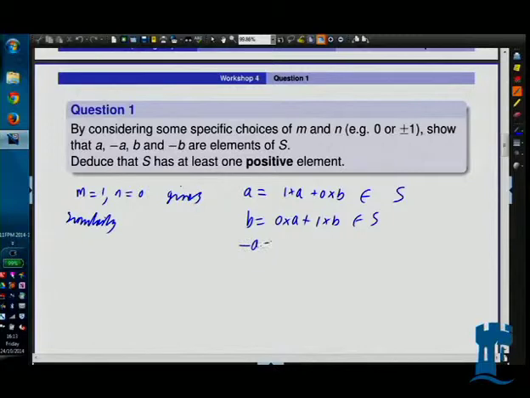Minus A is minus 1 times A plus 0 times B is in S. And that's all. This is all very boring, right? But if somebody asked you to really say what combinations would you use, these are probably the obvious ones. 0 times A plus minus 1 times B.